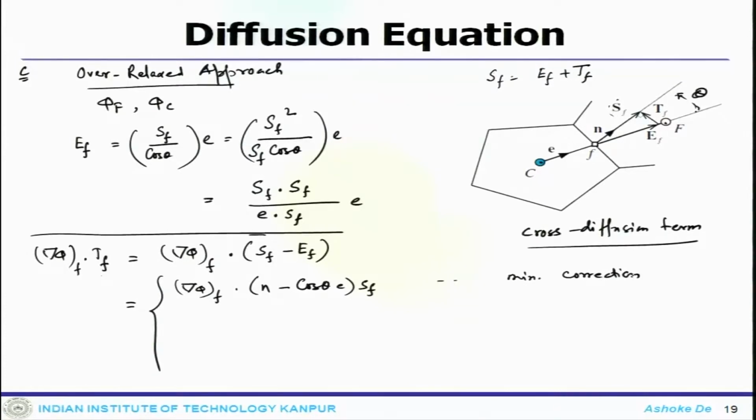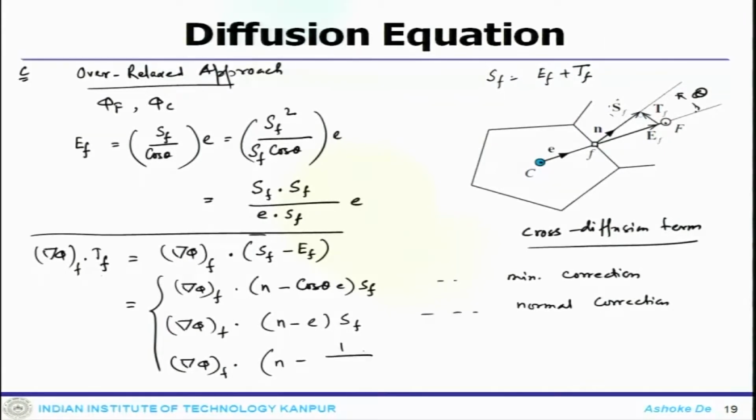Then another option is del phi f dot n minus E SF, which is the orthogonal correction, and the last option is del phi f dot n minus 1 by cos theta E SF. So, this is over-relaxed.